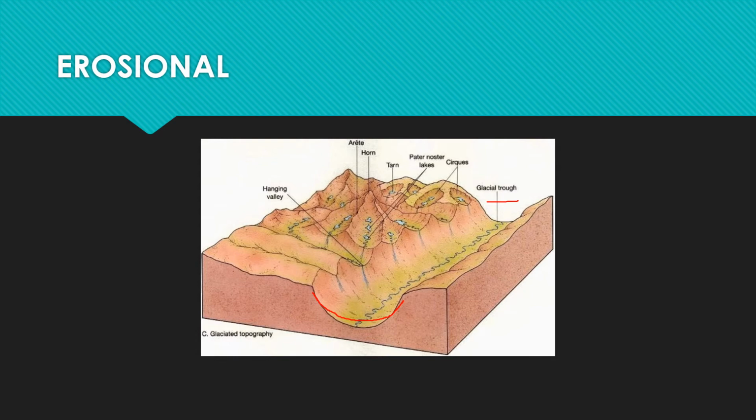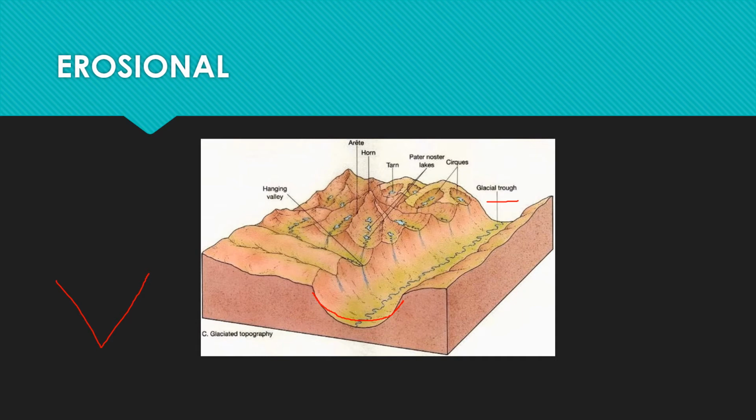The main difference between the valley formed here and in the case of fluvial landforms is that in fluvial landforms we are looking at V-shaped valleys, but here we have U-shaped valleys. U-shaped valley is a landform which is found in the glacial landforms.